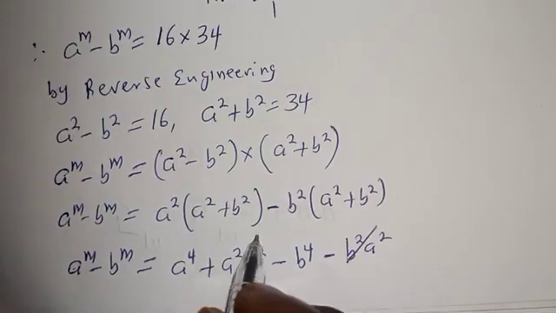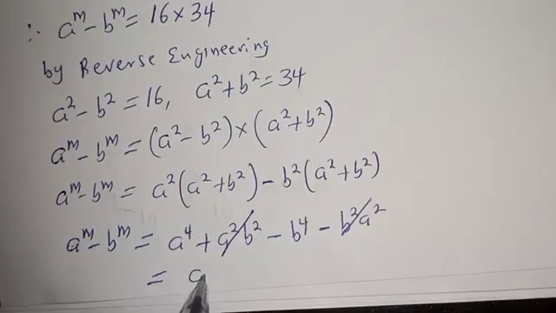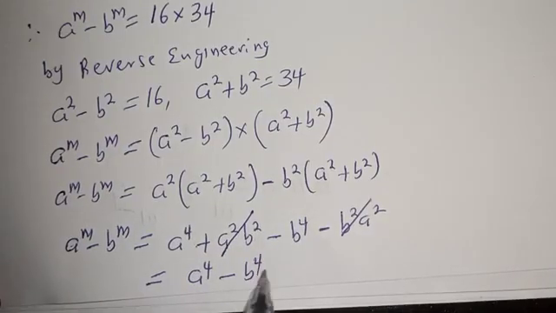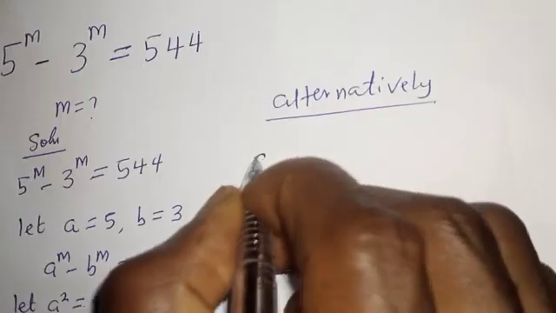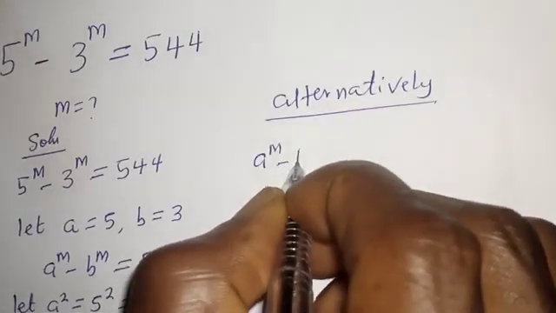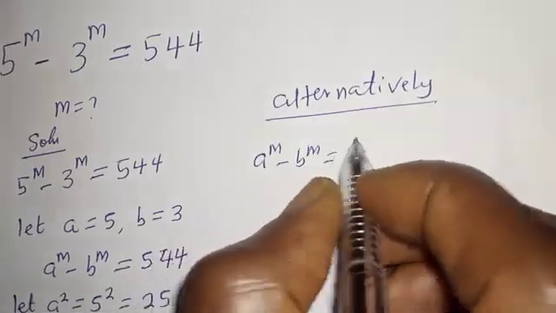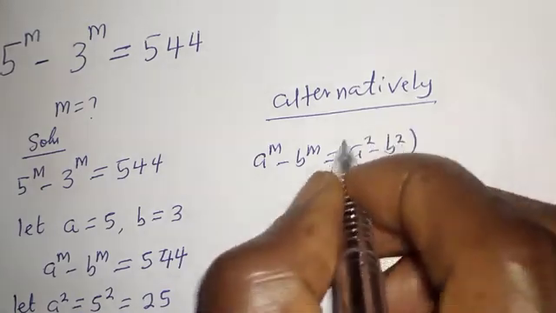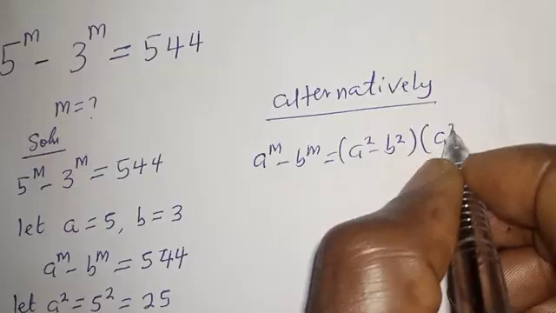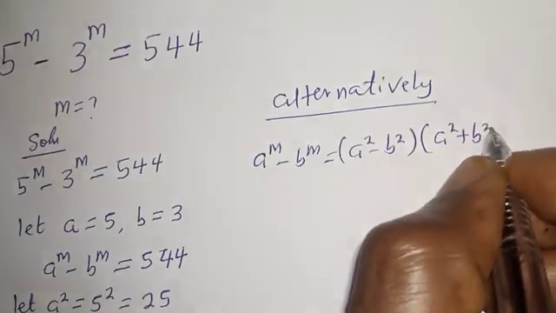Then this will cancel this, a raised to power 4 minus b raised to power 4. Or alternatively, a raised to power m minus b raised to power m is equal to a square minus b square multiplied by a square plus b square.